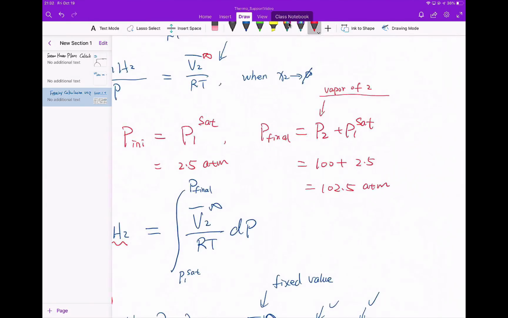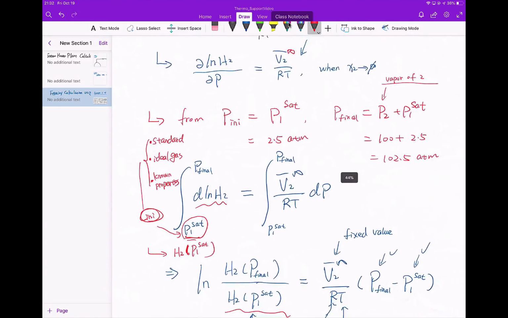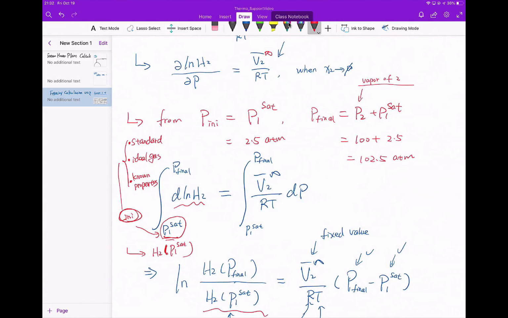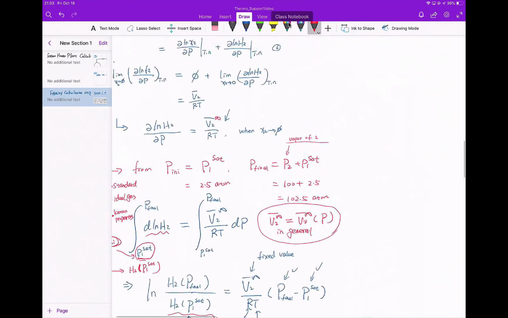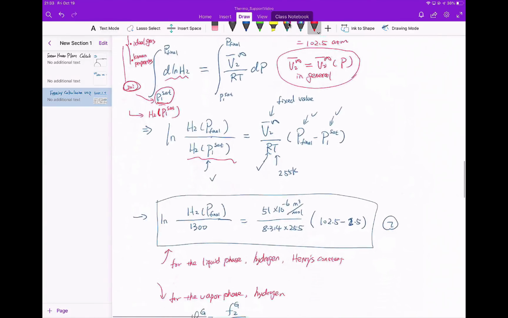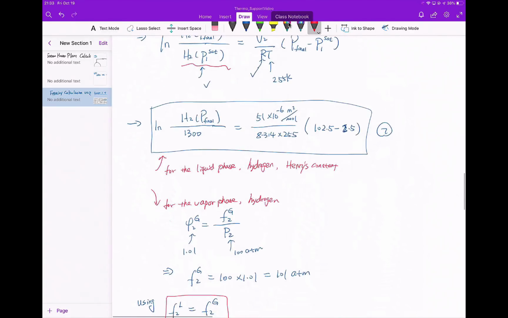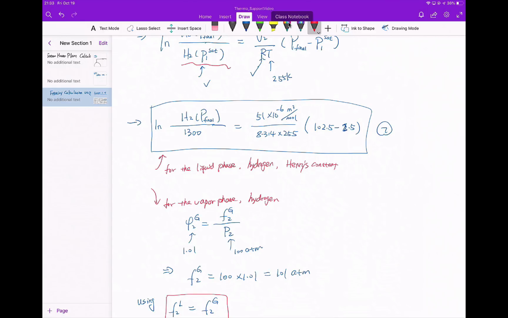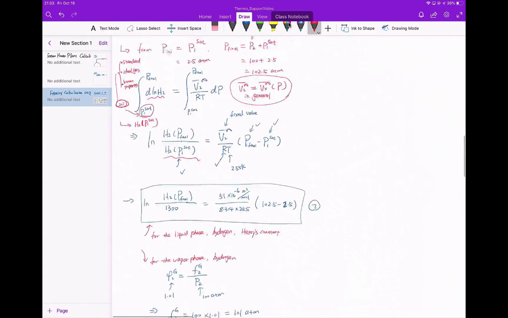Over here we try to make the problem relatively easy. Otherwise, this V2 should be a function of the pressure in general. But now the problem statement says this is a fixed value. Those parts make the problem solvable, but still this is a very challenging problem.